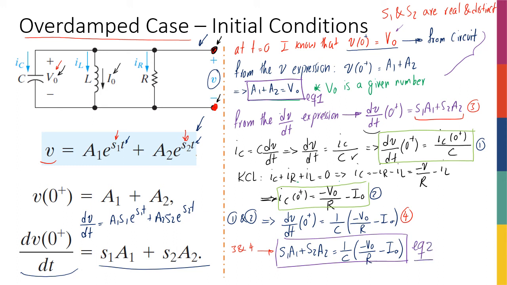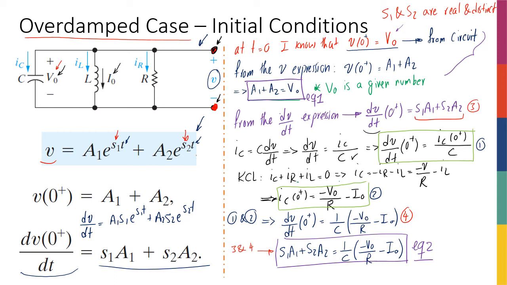Now, using these two equations, I can find A1 and A2, because everything else in these two equations is known. Everything else is S1 and S2 that I have already calculated, R, C, and L that I already have, and V0 and I0, which are the initial conditions, either given by the question or that I can calculate on my own.